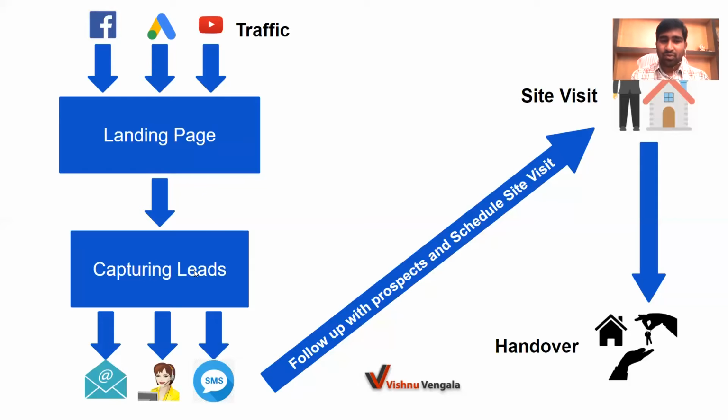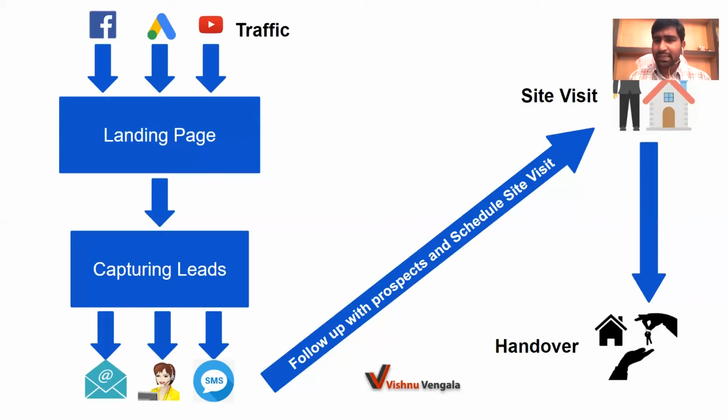So when the leads are captured, you have all the details, and in real time, within seconds, you can send automated emails about your project, introductory emails, or project collaterals, and project floor plan, or all other details that the customer is looking for.